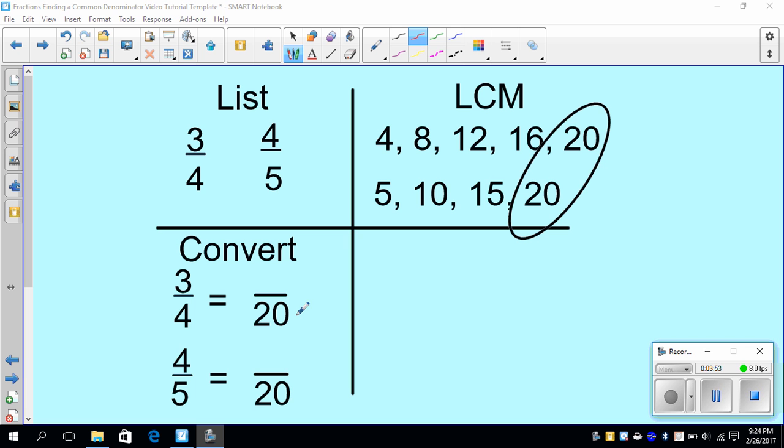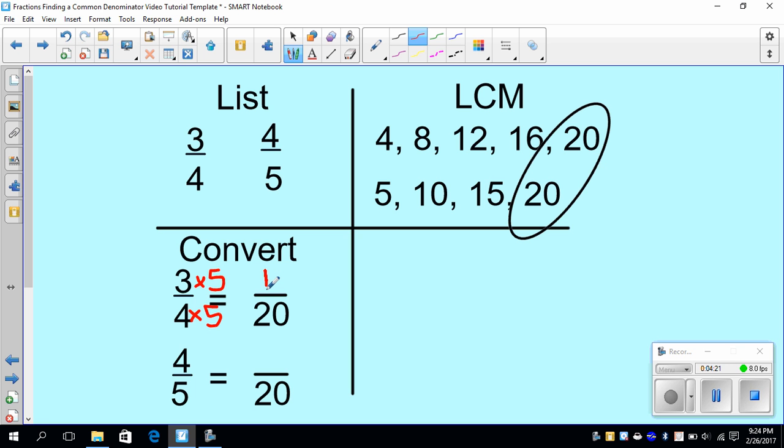I know I'm getting bigger, 4 to 20. So I know that I'm multiplying rather than dividing. And I know that my fact family is 4 times 5 equals 20. So in this case, I need to multiply the denominator by 5. So that means I need to go back and multiply the numerator as well by 5.